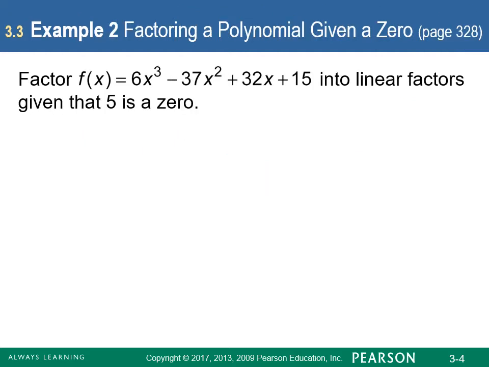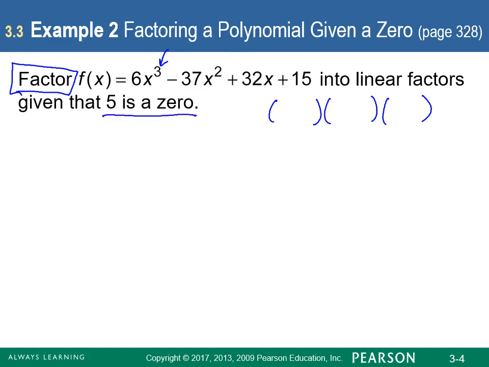Here we're going a little bit farther in that we are told that we need to factor this. Now since this is an x to the 3rd, we know that we're going to come out with 3 factors. They tell us that 5 is a 0.